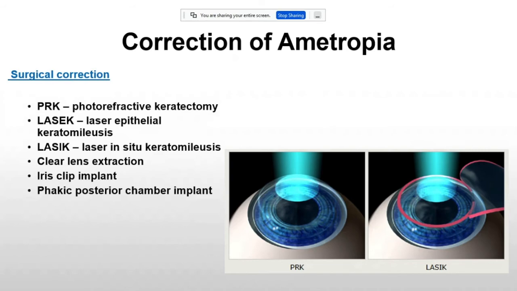Or you can also have posterior chamber implants, like we do in cataract surgery, removing an opaque lens, but here it is a clear lens, for the purpose of correction.